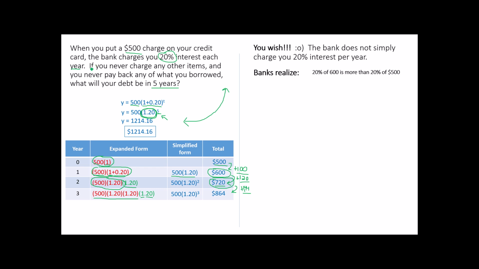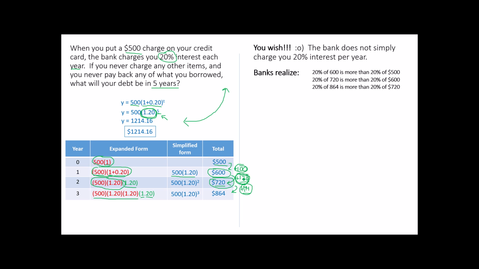Banks realize that 20% of the 600 is $120. 20% of the 600 is more than 20% of the 500. 20% of 500 was only $100. And they realized that 20% of the 720 was 144, which is more than 20% of the 600.